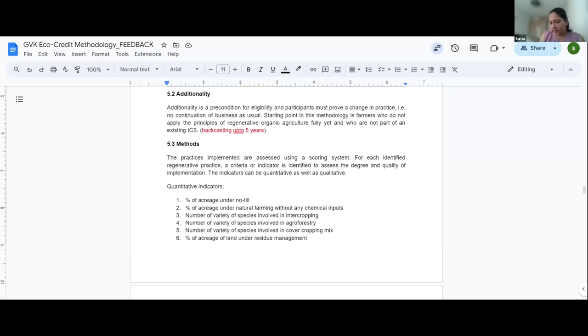And I agree that it should not be one of the most important aspects considered as an additionality factor.